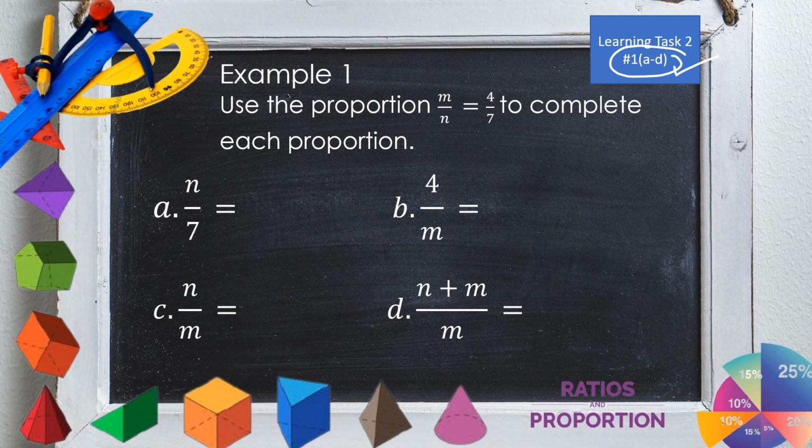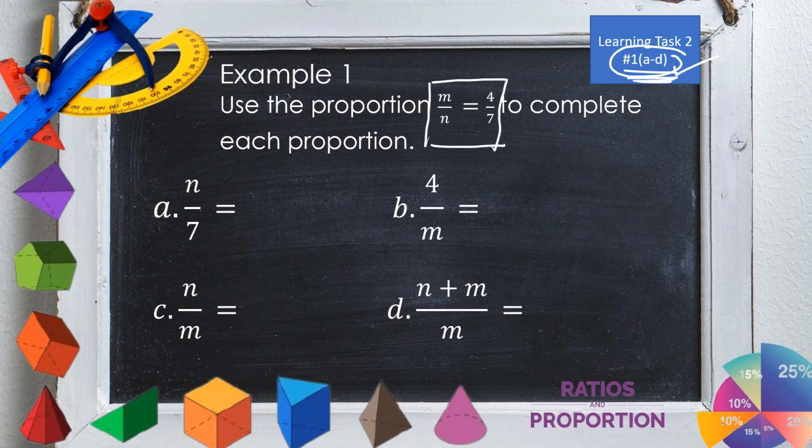If you forgot to view this video, if you forgot how I discussed this one, you can view your learner's pocket. So, this example is for your learning task number 2, number 1, letters A to D. So, what are we going to do here? We're given m over n is equal to 4 over 7.